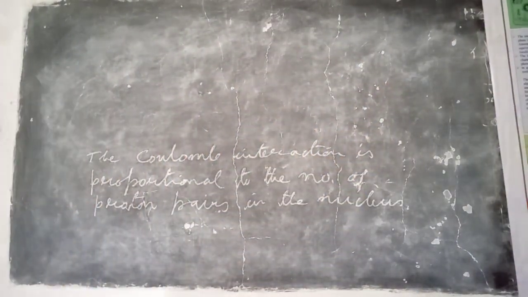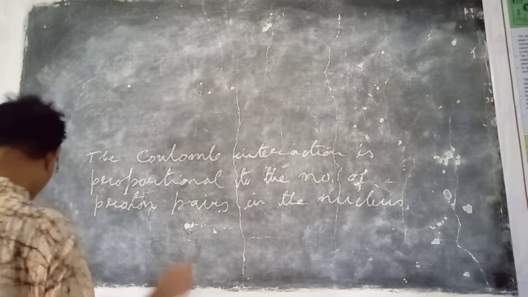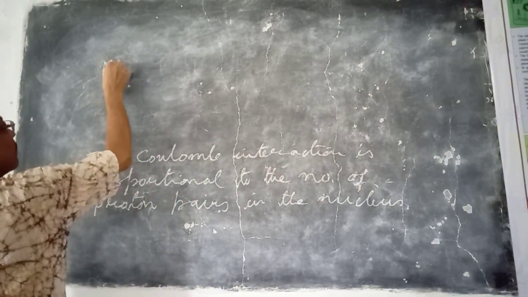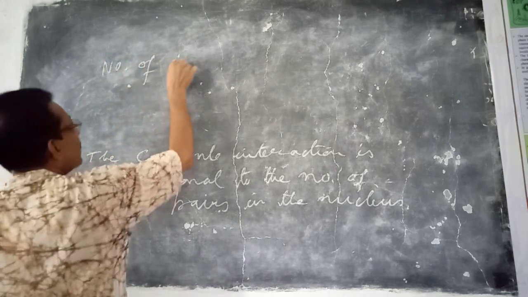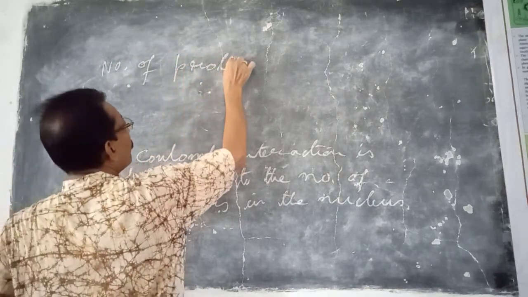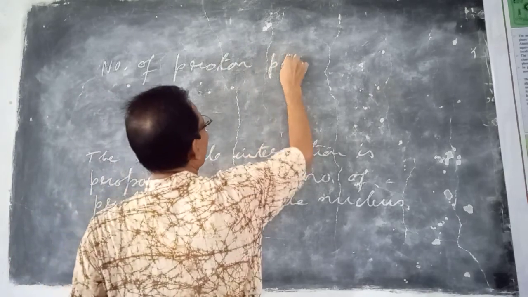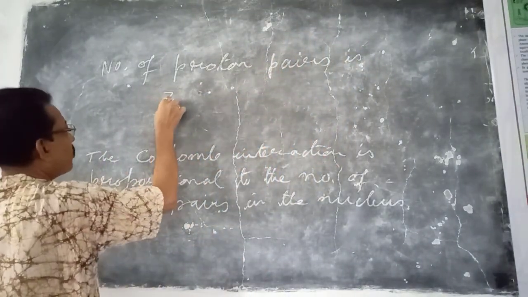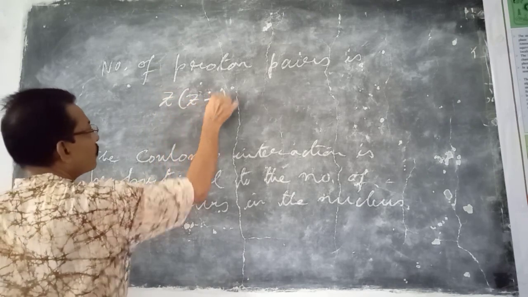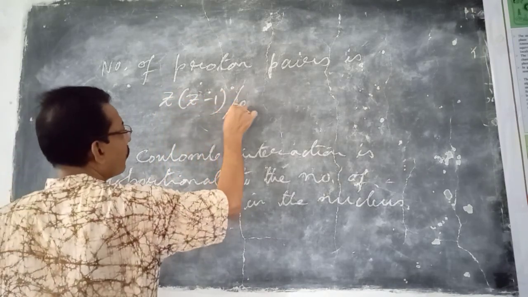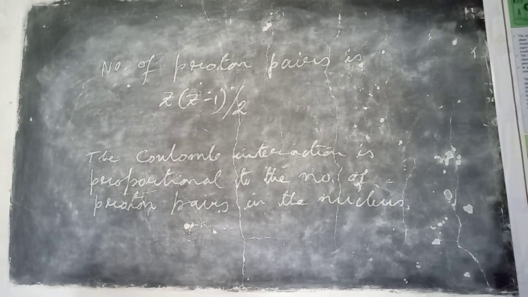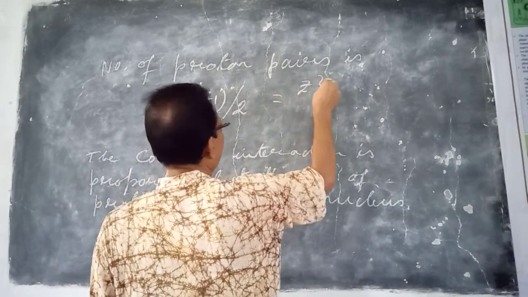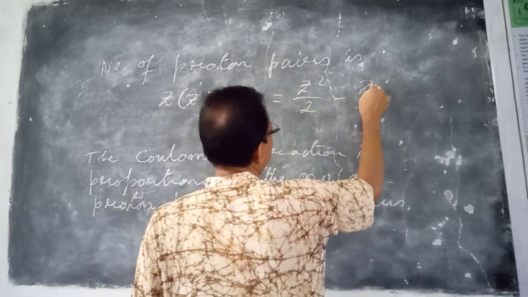By combination, the number of proton pairs is Z into (Z minus 1) by 2, that is equal to Z square by 2 minus Z by 2.